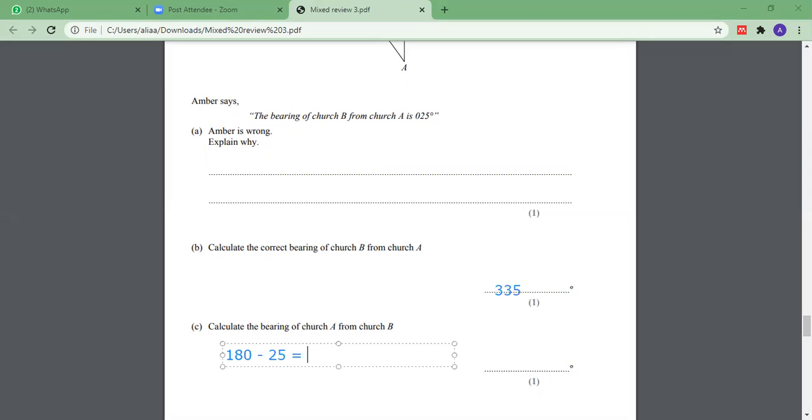Co-interior angles with two parallel lines. So 180 minus 25 will be 155. So the bearing will be exactly 155. Okay?